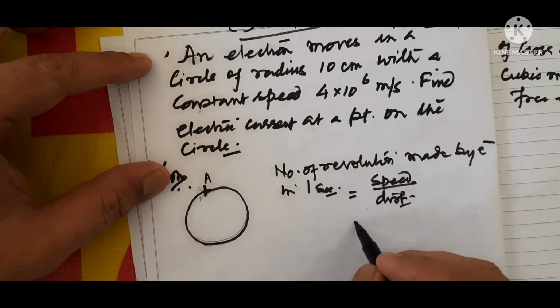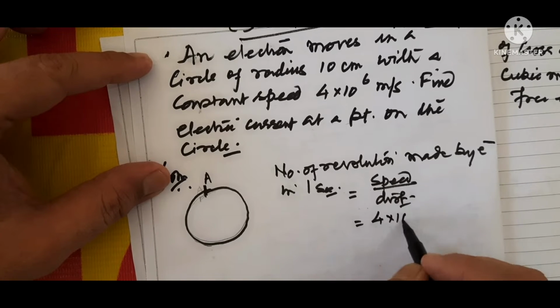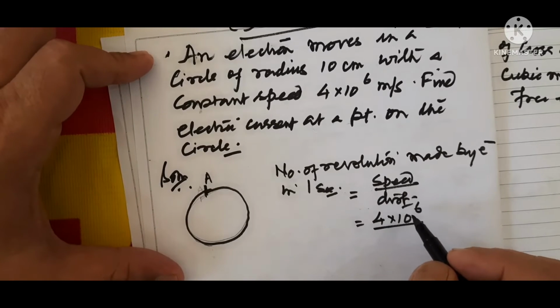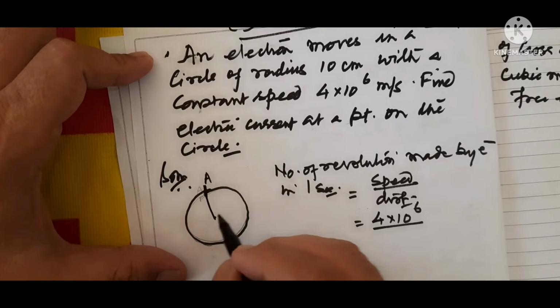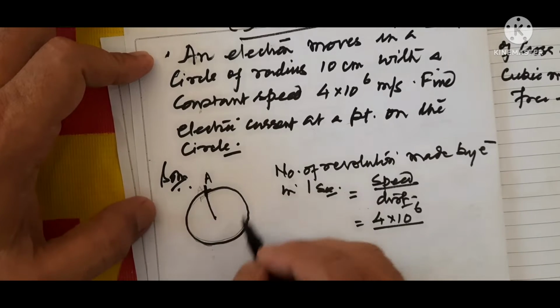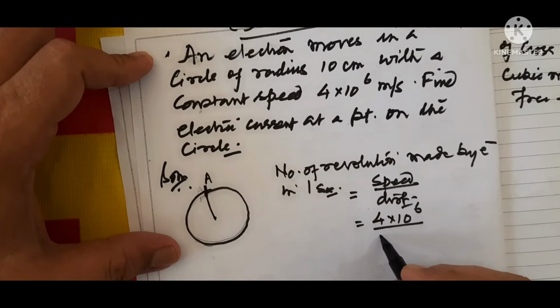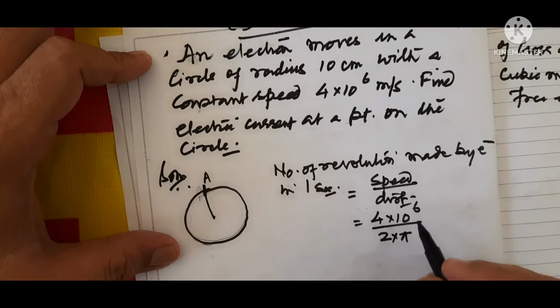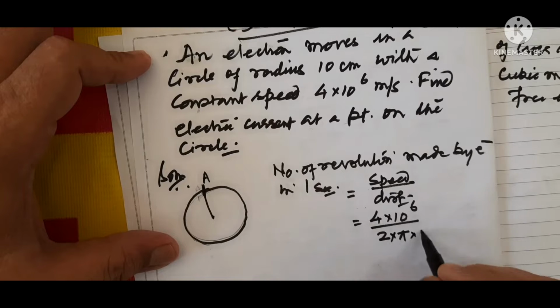Speed is given, that is 4 into 10 to the power 6 meter per second, by distance. How much distance does it cover? 2 pi r. So 2 into pi into r, 10.